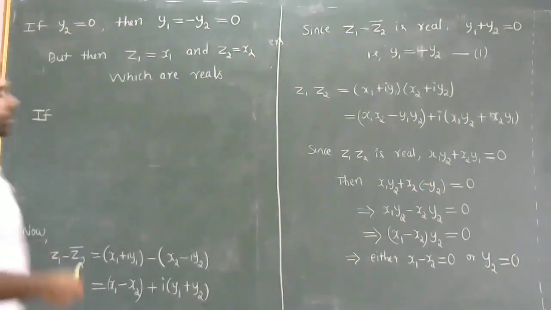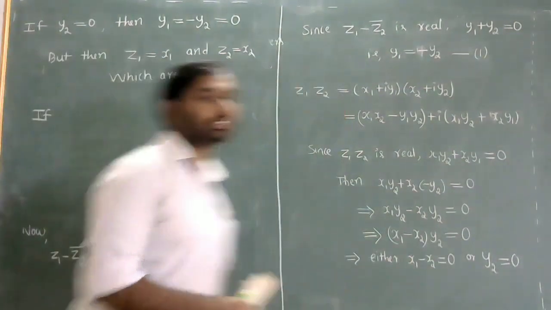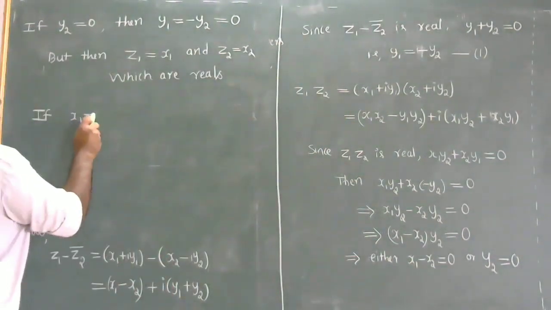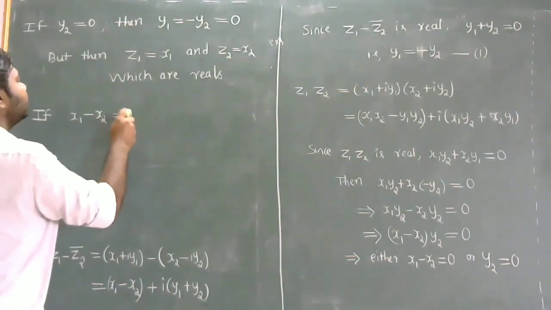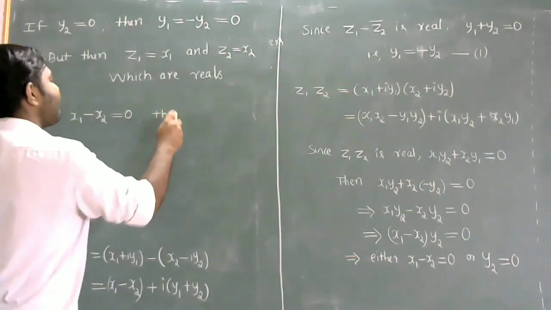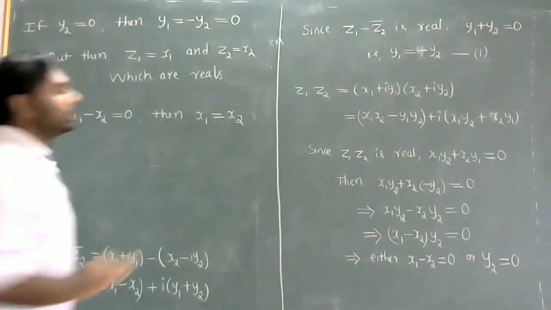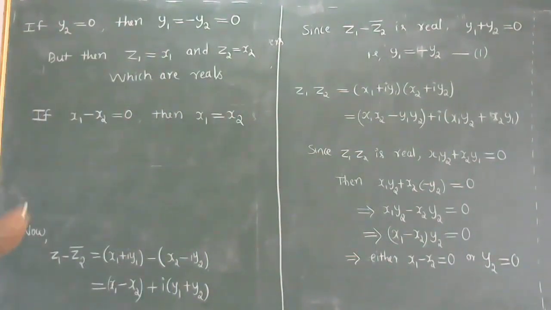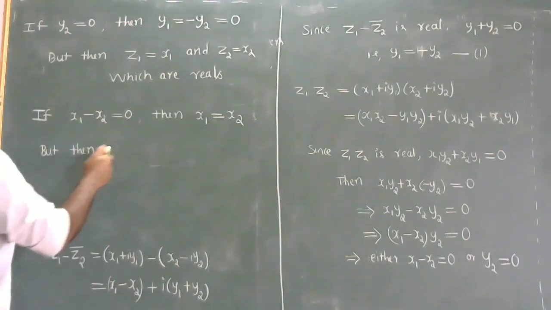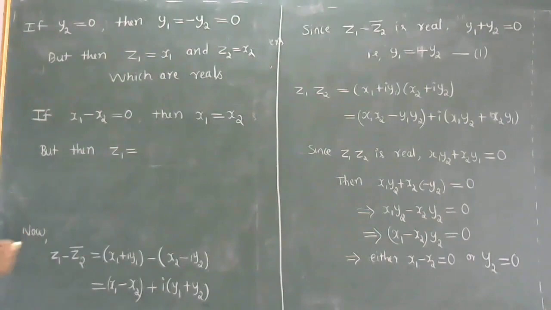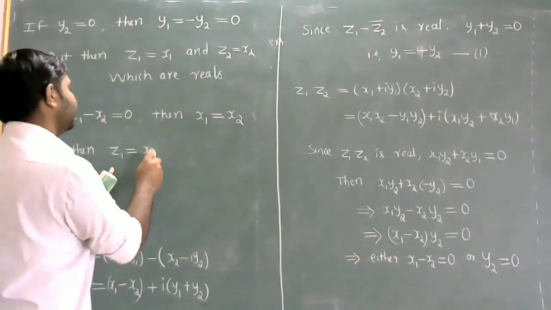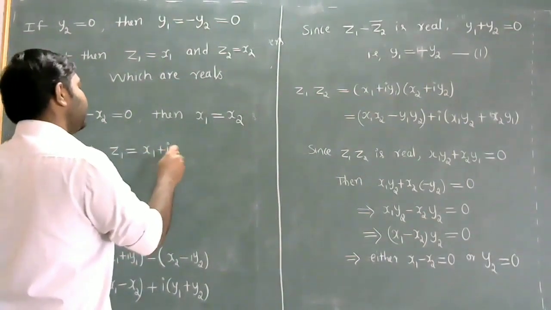Now, what if x1 minus x2 is 0? If x1 minus x2 is equal to 0, then x1 is equal to x2. But then, I'll start with z1. What is z1? It is x1 plus iy1.